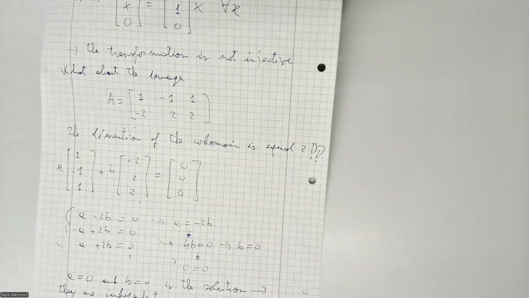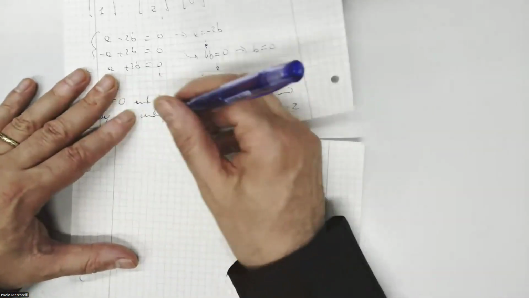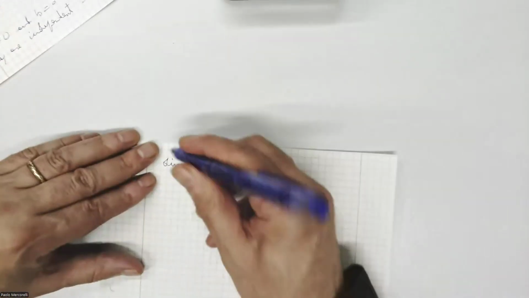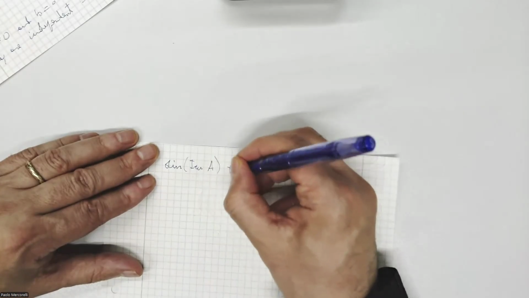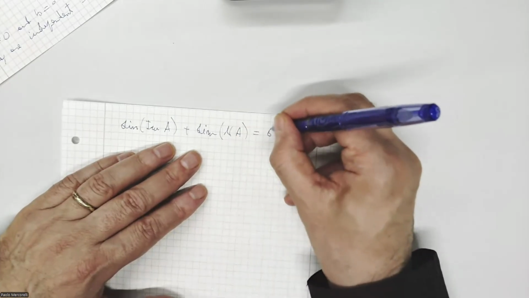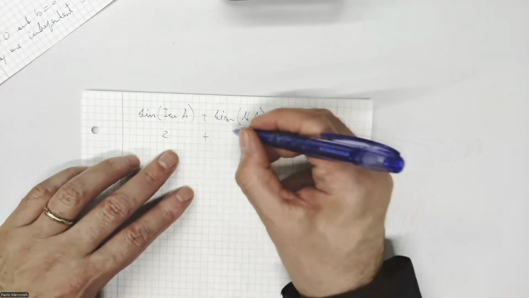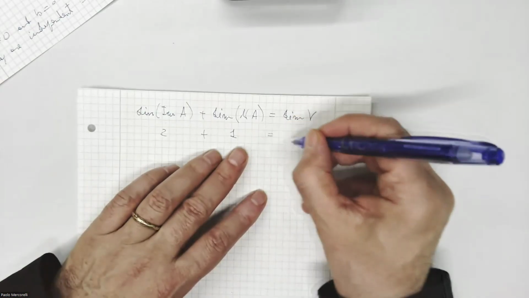Excuse me. This means in accordance to the theorem, dimension of image of A plus dimension of null of A equals dimension of V domain, we have 2 plus 1 equals 3.